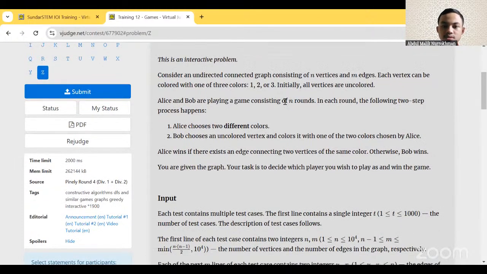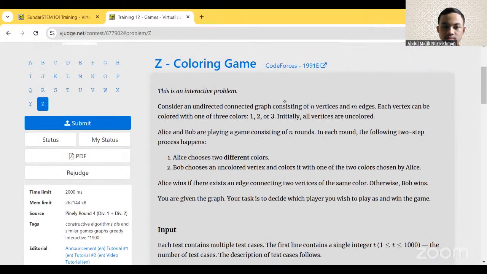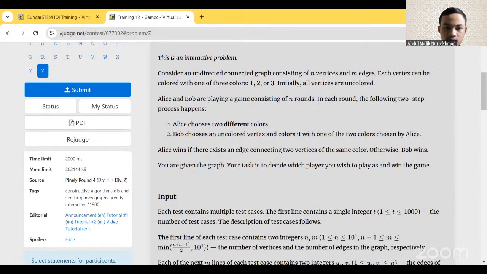So there is a game played by two players, and in the game a graph is given. Any graph consists of n nodes and m edges.